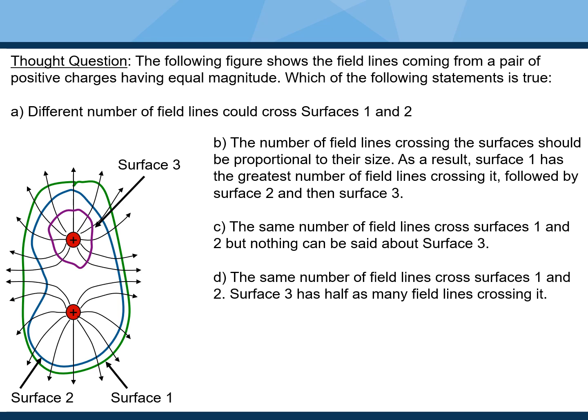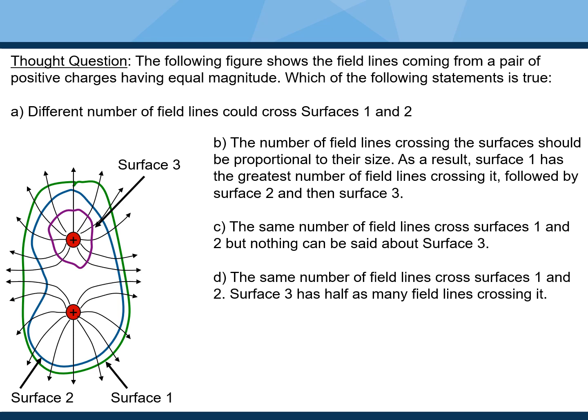So now let's ask, how many charges do we have inside the blue surface? The answer is we have both the charges contained inside the blue surface. Likewise, we have both the charges contained inside the green surface. So that tells us that the number of field lines crossing surfaces 1 and 2 should in fact be the same.